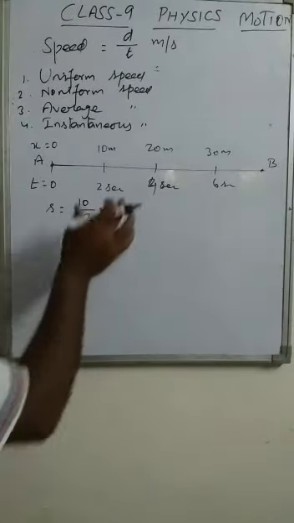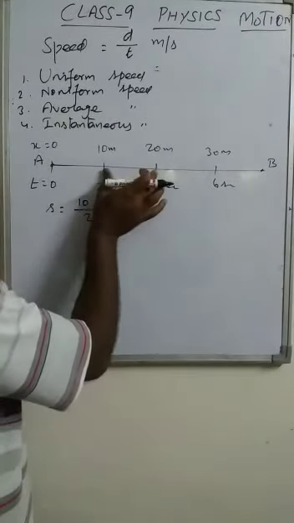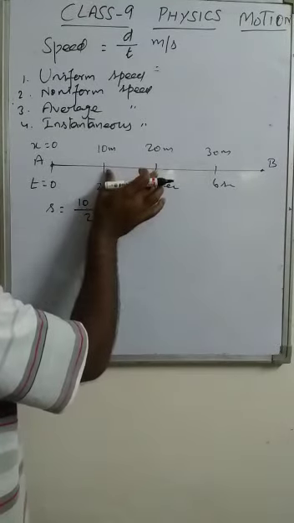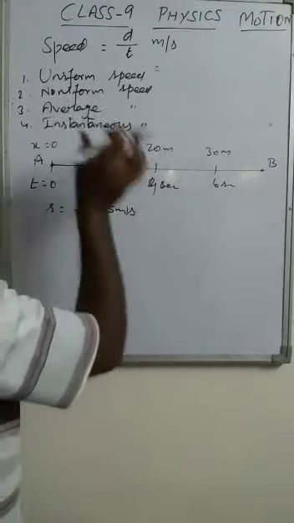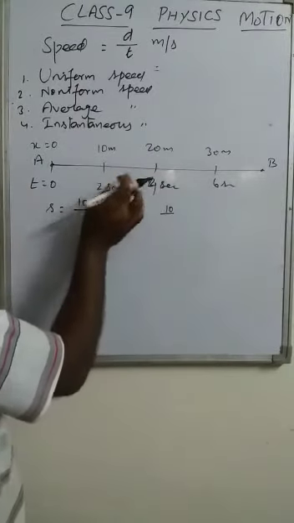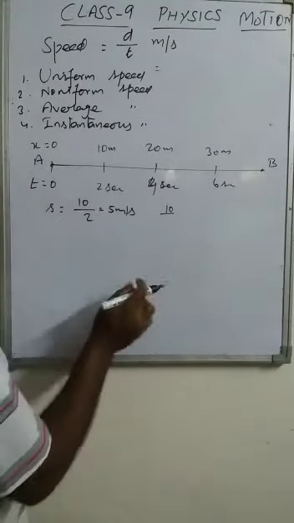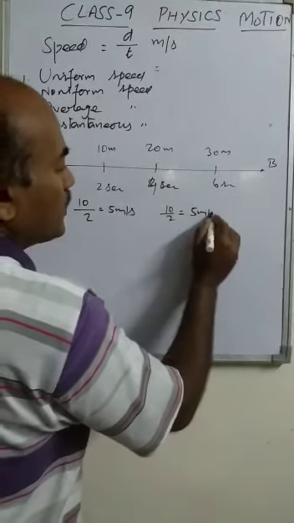Then coming for the next interval, the distance from 10 meter position to 20 meter position is 10 meter again, and the time interval is again 2 seconds, and it comes 5 meter per second.